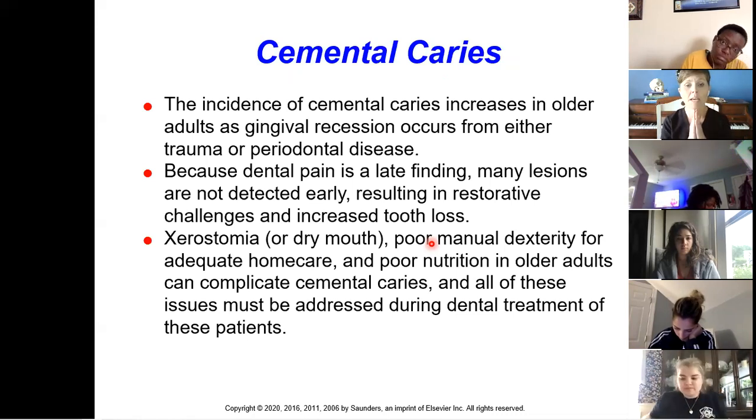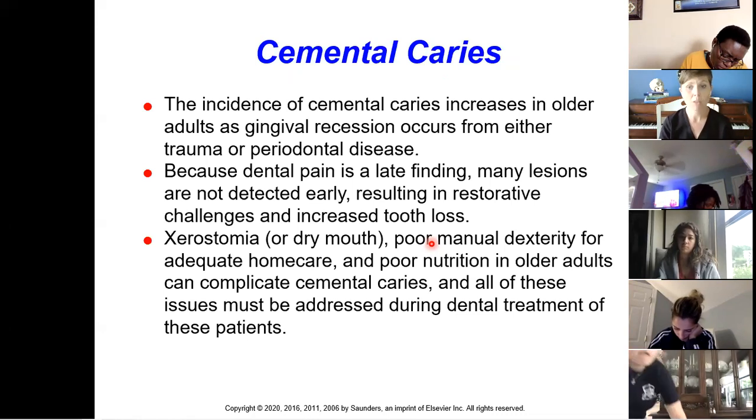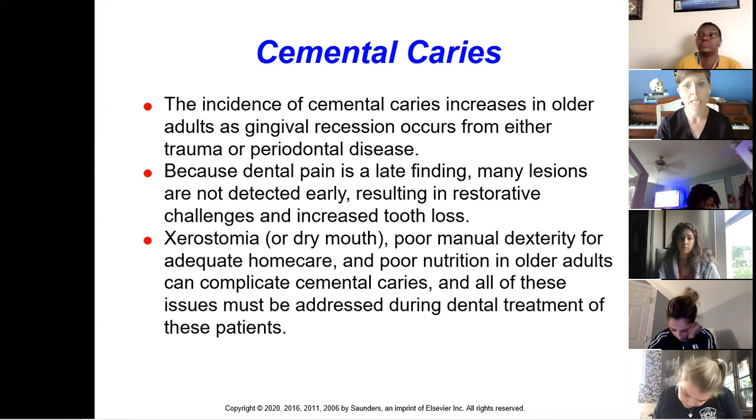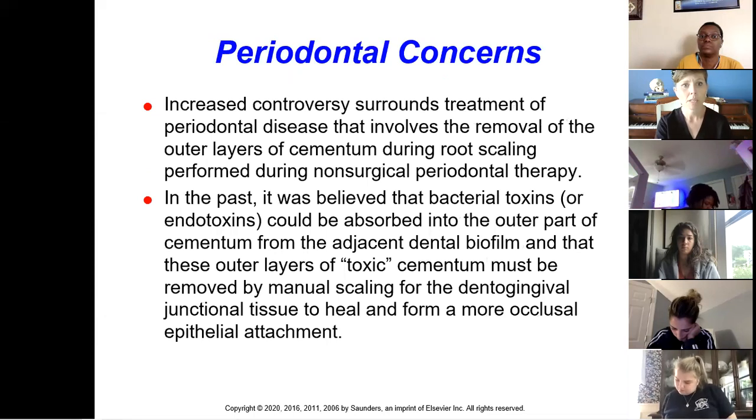And then the causes are xerostomia, which is dry mouth, poor dexterity, so not angling that toothbrush towards the gum line, not having adequate home care, poor nutrition, eating crackers and fermentable carbohydrates will really increase your risk of root caries like that. All right.